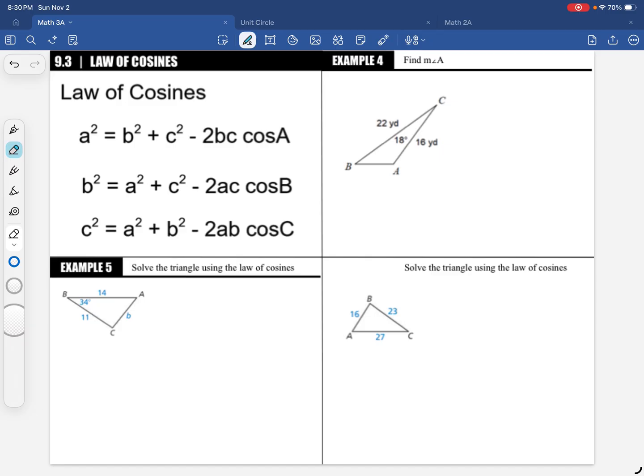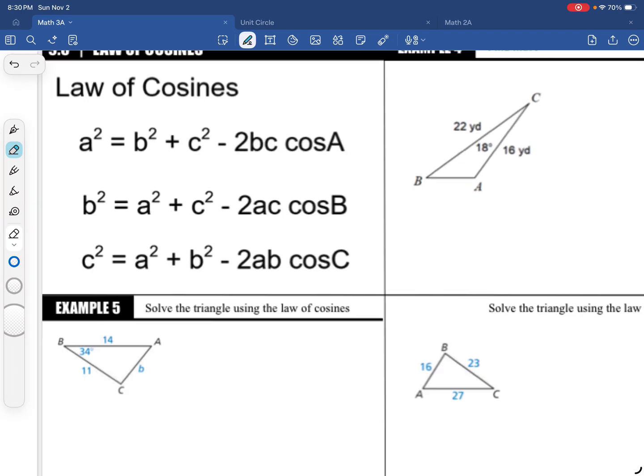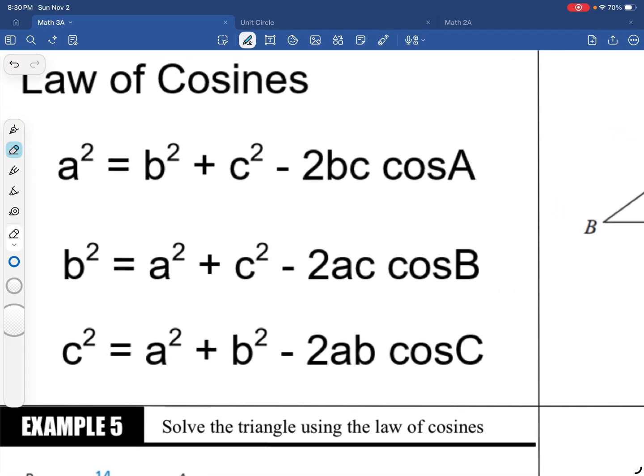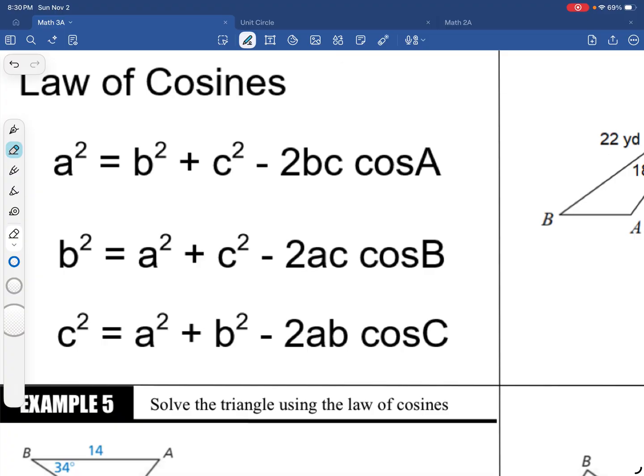Now that we're using these different kinds of triangles, we need to make sure that we use the right angle. I know these little formulas look a little crazy, but they're really not bad. Once you get used to them, you're going to probably start to memorize them.